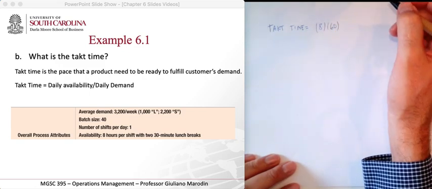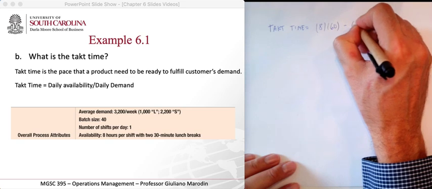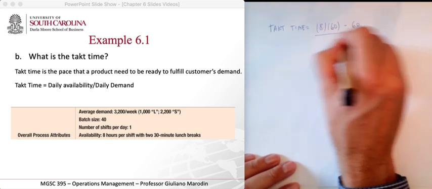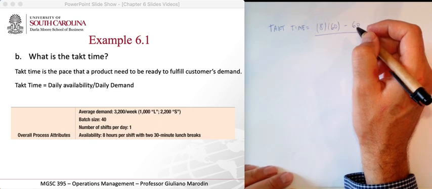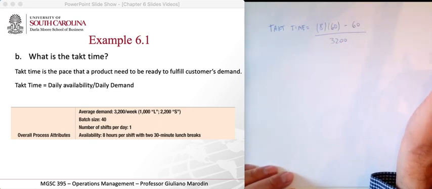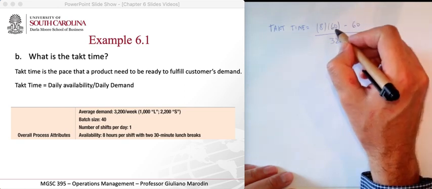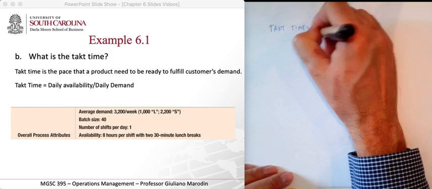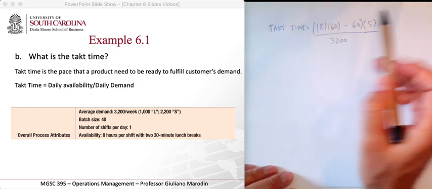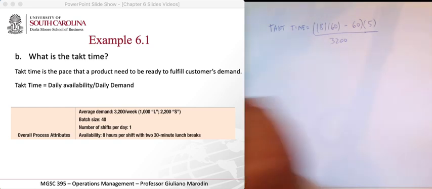We're calculating everything in minutes, so 8 times 60 minus 60, and all of that divided by 3,200, because that's our weekly demand. I forgot to multiply all that by 5, because it's 5 days in a week; 8 hours is just 1 day.